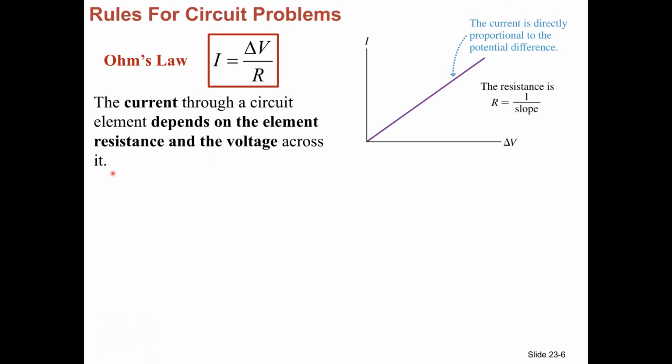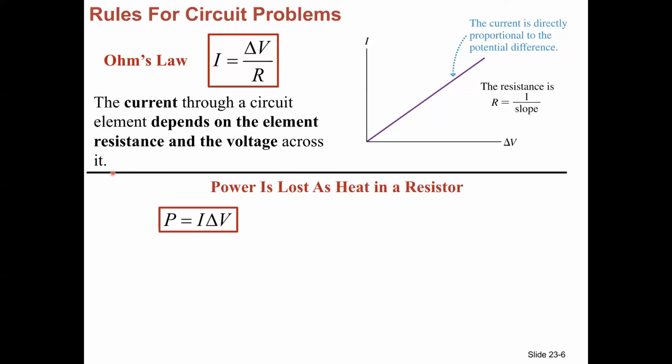The last few things we will need are, often we care about not just the energy we lose in a light bulb or in a resistor, but how much energy we lose per second. We care about the power loss or the power consumption of that device. As I said before, energy is lost as heat in a resistor.